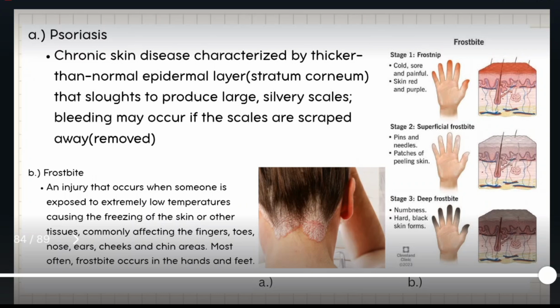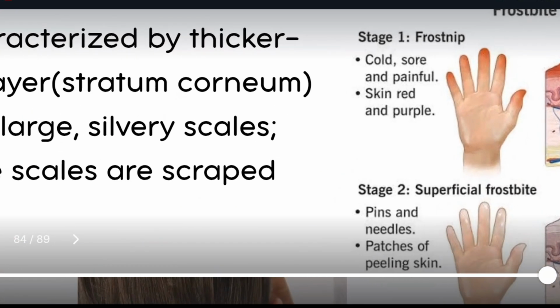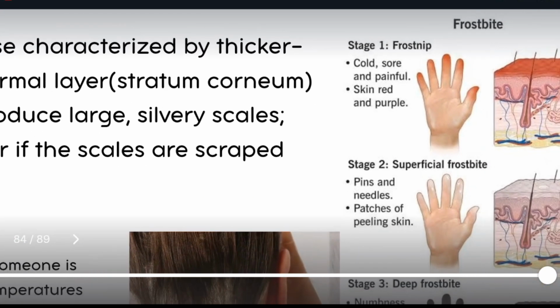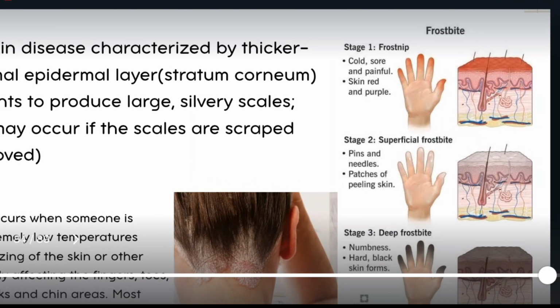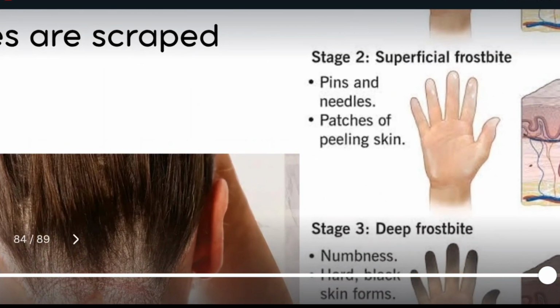And the next one is frostbite. Frostbite has 3 stages. The first one is frostnip, where you will feel cold, sore, and painful. The skin is red and purple. Stage 2 is superficial frostbite: pins and needles, and patches of peeling skin.